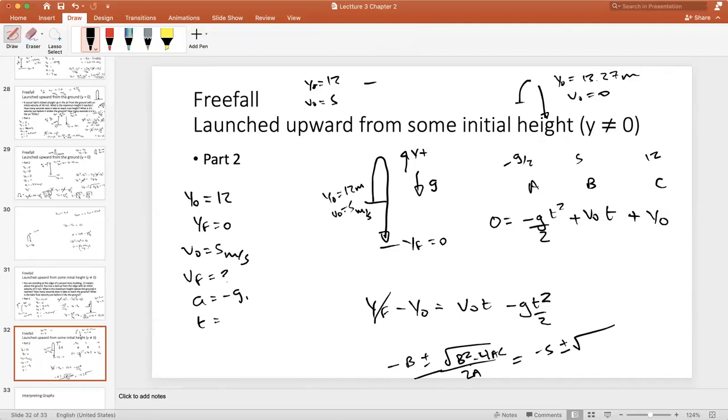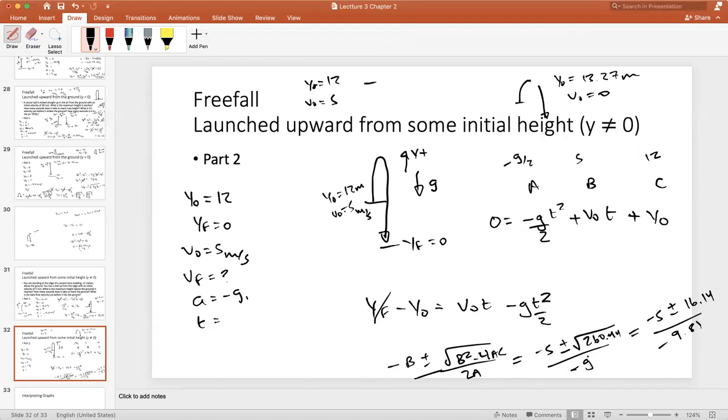That's 260.44. Take the square root, 16.14. Over 2 times a, which is really g. I'm just going to leave it at g for right now. This is minus 5 plus or minus 16.14 over 9.81, and this is negative because a is negative.